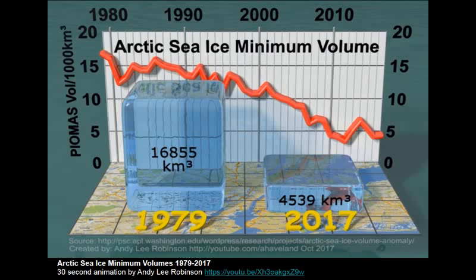So the total volume has collapsed from 1979, nearly 17,000 cubic kilometres, down to 4,500 cubic kilometres this year. So you've got this massively smaller amount of ice. It's collapsing, and it's clearly going to go within the next few decades.